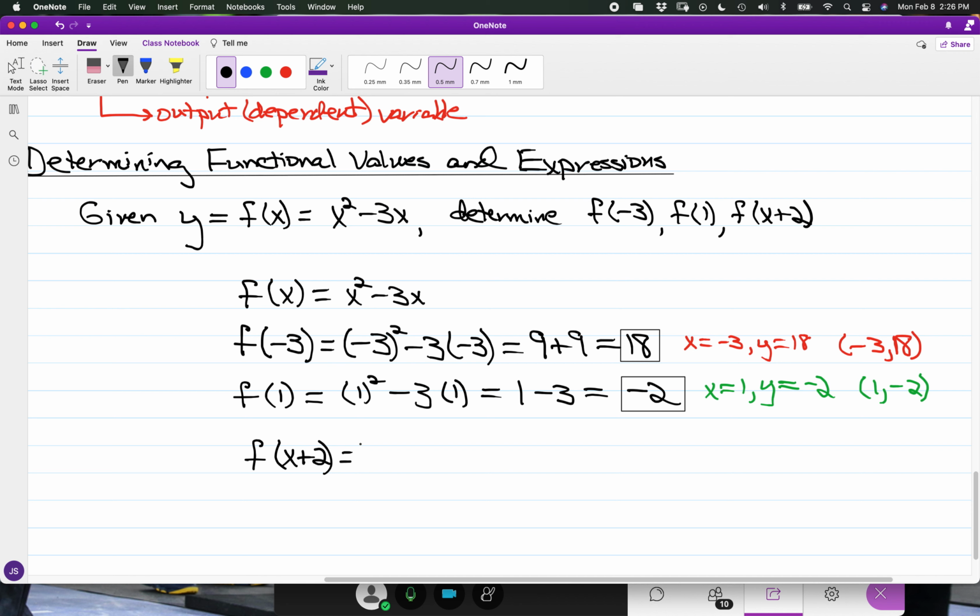So with the input at x plus 2, we'll be taking the square of x plus 2 and have minus 3 times the quantity of x plus 2. Whatever's in parentheses, I'm going to square out and then take minus 3 times what was in parentheses.